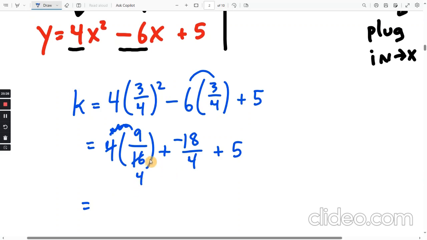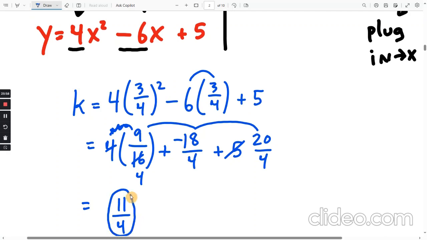We need a common denominator. We have fourths, so we need to make this in terms of fourths. How many fourths is positive 5? That's the same as 20 fourths. So this is 9 fourths, negative 18 fourths, and 20 fourths. 20 minus 18 is positive 2, plus 9 is positive 11. So that's going to be 11 over the common denominator 4.